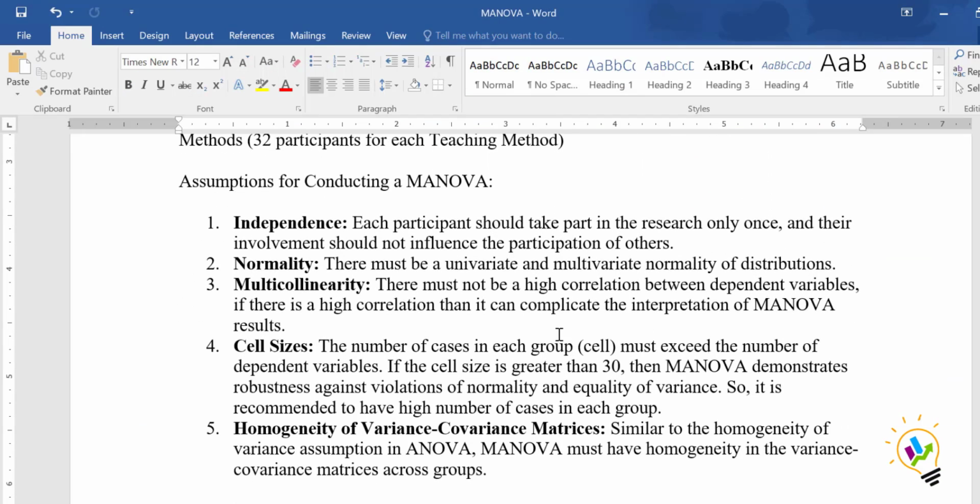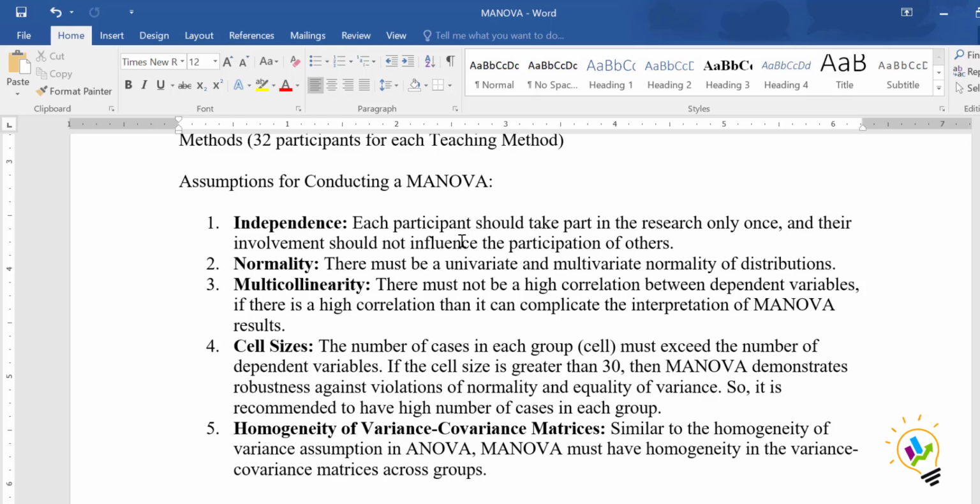Before doing the analysis process, there are some assumptions for MANOVA. The assumptions are: first one, independency. Each participant should take part in research only once, and their involvement should not influence the participants of the other. This is called the independency condition, the first condition. Second assumption is normality.